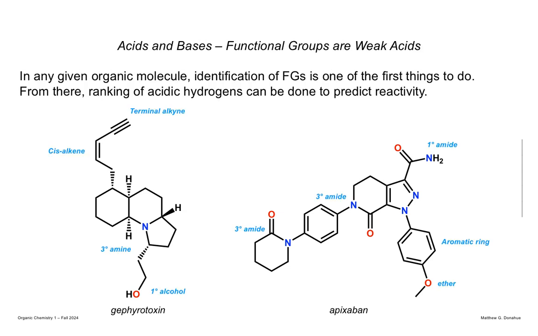And so to help guide us do that, the first thing we would do is identify the main functional groups. So for example, this is a terminal alkyne, cis alkene, tertiary amine, primary alcohol, and then everything else along the backbone here that I'm sort of walking along, that's your sp3 hybridized carbon-H bonds.